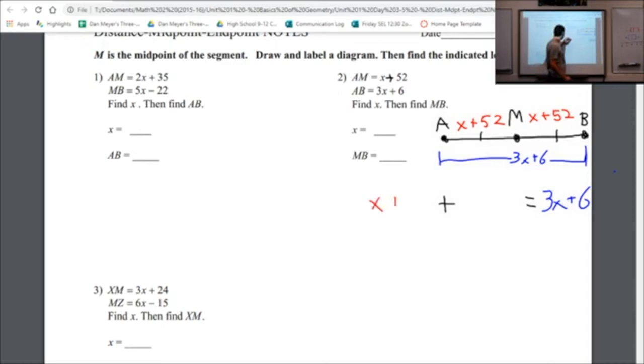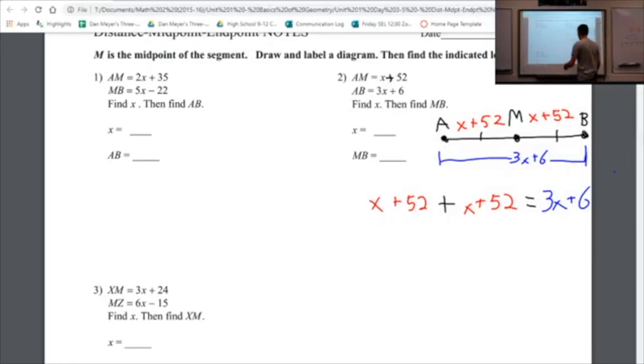So I have an x plus 52 here and an x plus 52 here. And I'm going to add them together to get 3x plus 6. And the key there is that since I didn't know what M to B was, I just made it match A to M, because I know that because it's the midpoint, it's got to match.